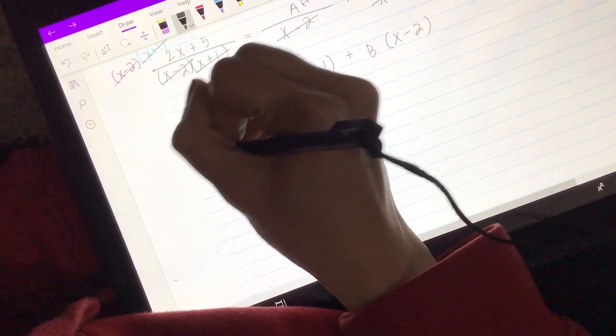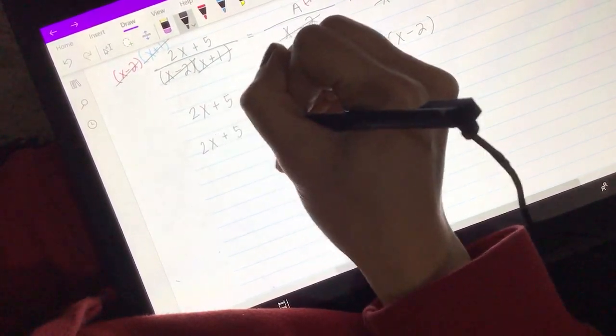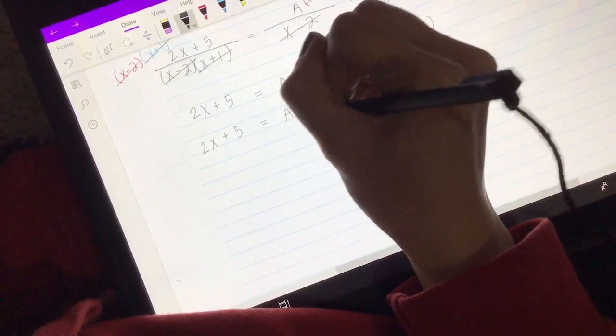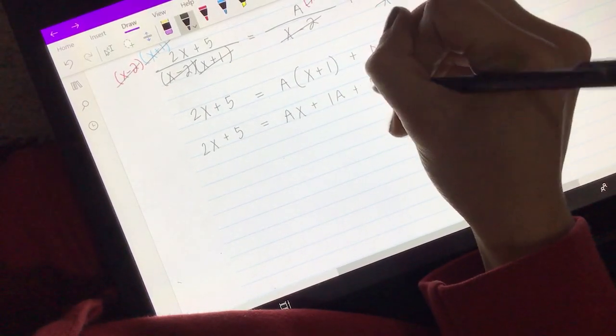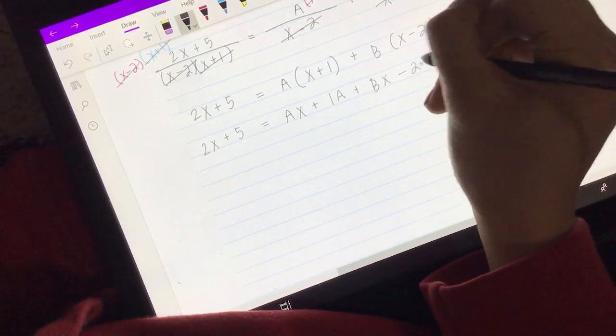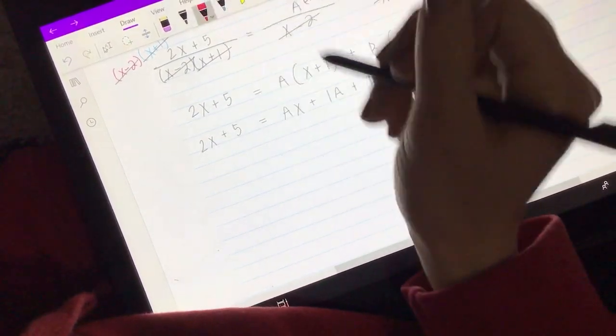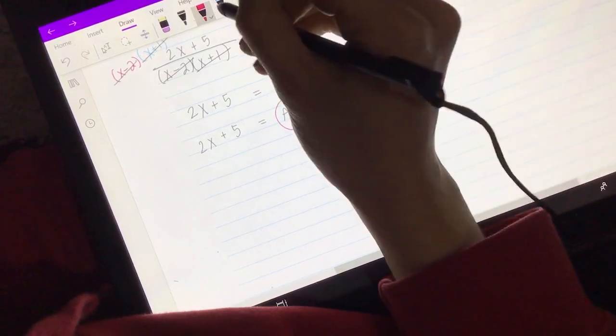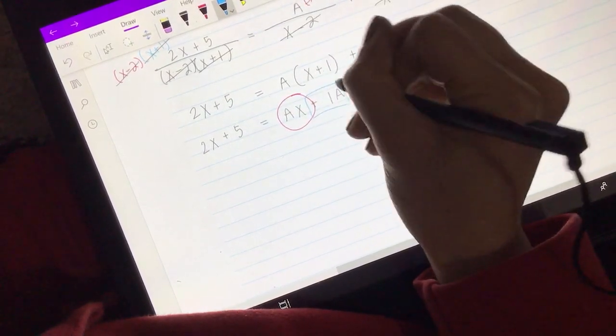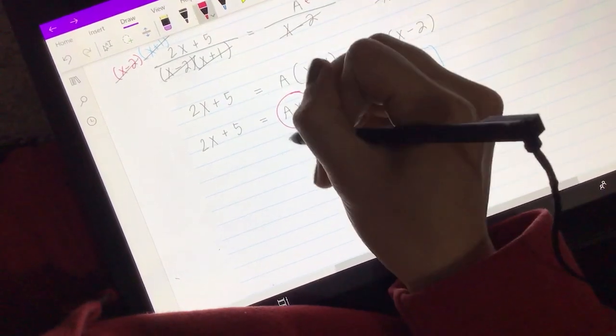Distribute A and B. You have 2x plus 5 equals Ax plus 1A plus Bx minus 2B. Next, you look for any terms that have x in them and any terms that don't have x in them, that are constants. Now we regroup.